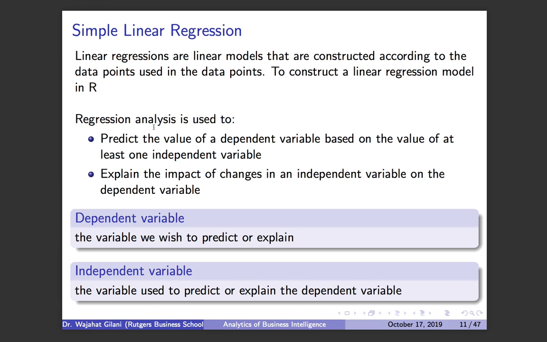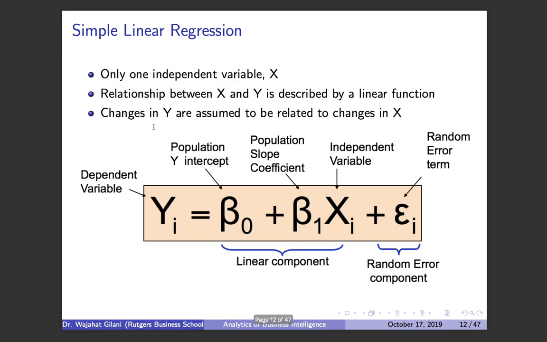The rate of change from the weight of the person to how much weight they can bench press, what's the change there? The variance in those differences. Regression analysis is used to predict or explain.